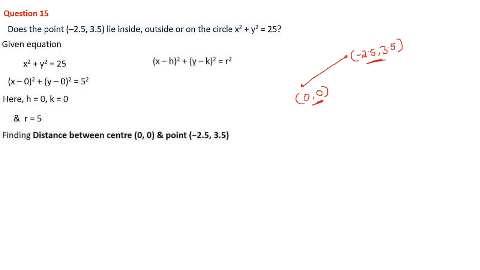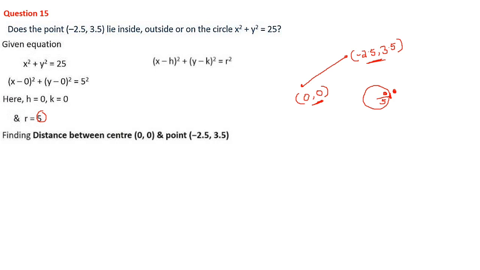When we find this distance, if it is 5, which is our radius, the point will be on the circle. If it is less than 5, it will be inside the circle. If the distance is more than 5, it will be outside the circle.